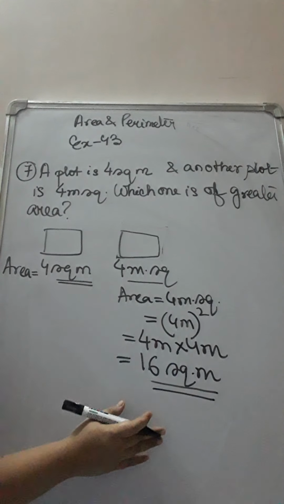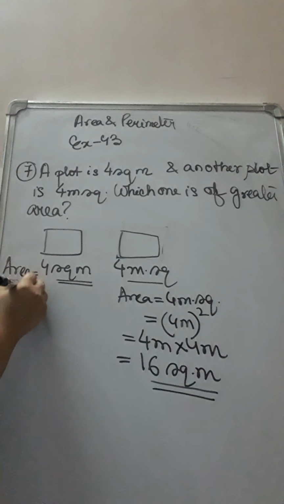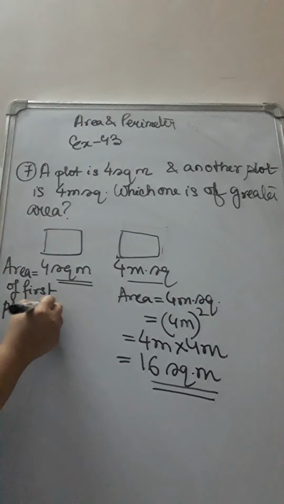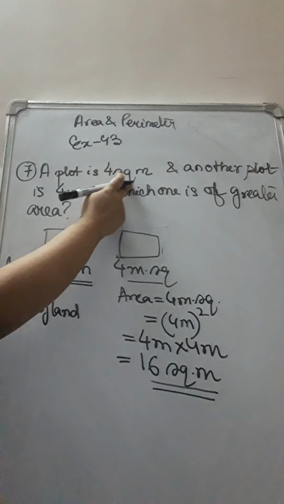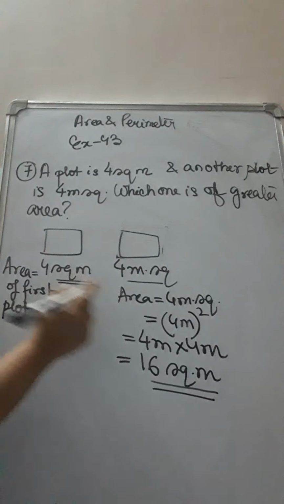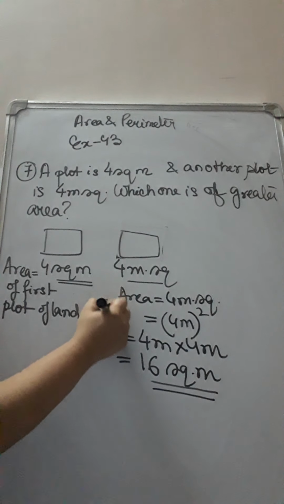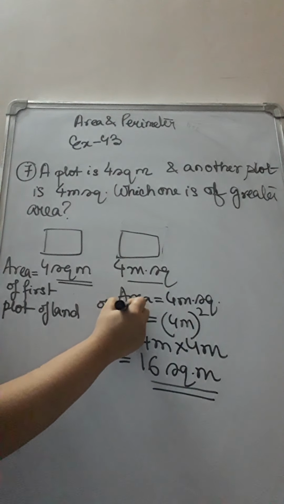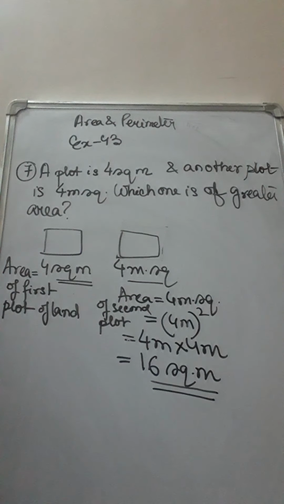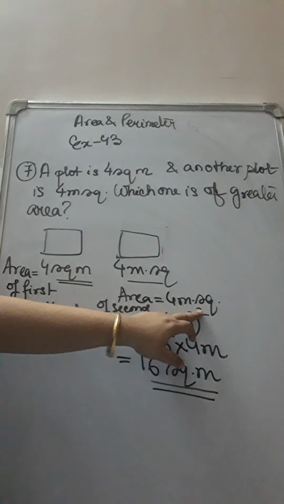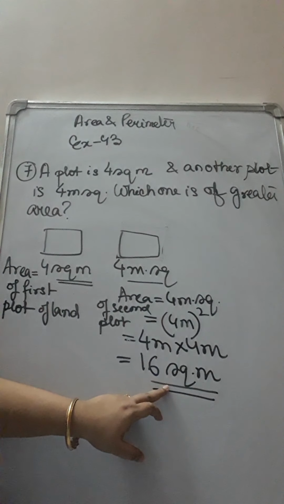Now if you see, this is the area of the first plot of land. You will write like this, area of first plot of land is given to you 4 square meters. And here what you will write, area of second plot of land, that is equal to 4 meters square, and then you are converting into similar units.